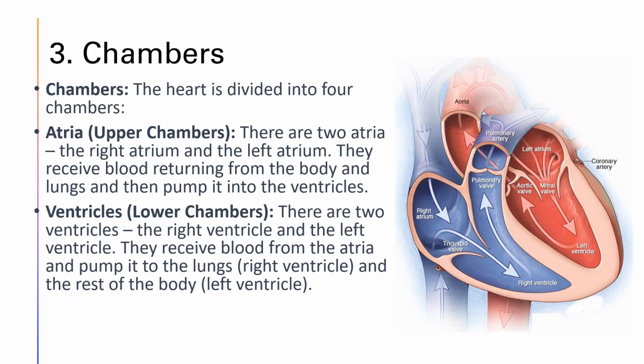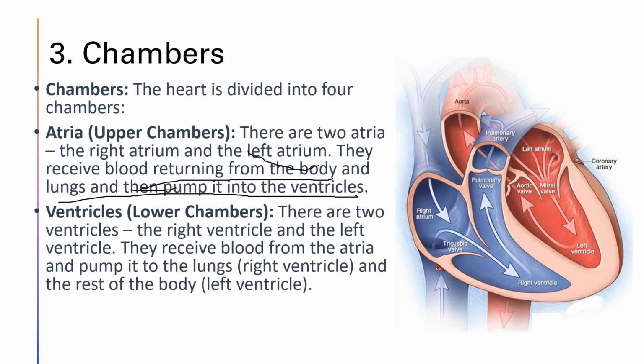Now, how many chambers are there in the heart? We have four chambers in the heart. First is the atrium and second is the ventricle. Two upper chambers, the right and left atria, and two lower chambers, the right and left ventricles. The atria receive blood returning from the body and lungs and then pump it into the ventricles.